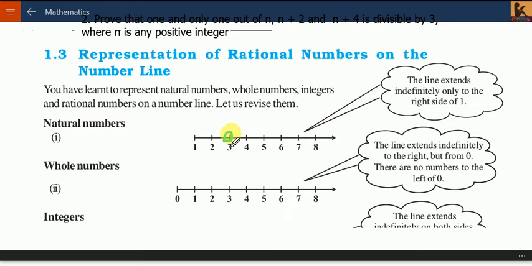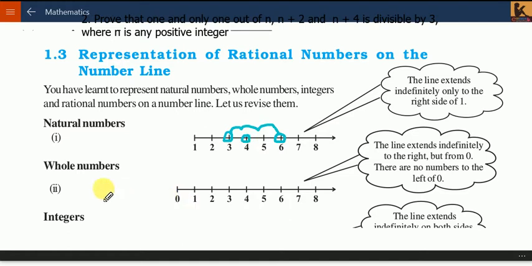If I ask to denote 3 plus 3, then 3 plus 3 will be 6. If I ask you to denote 6 minus 2 on the number line, 6 minus 2 will be 4. This will be your answer. So like this you can show multiple natural numbers on a number line.